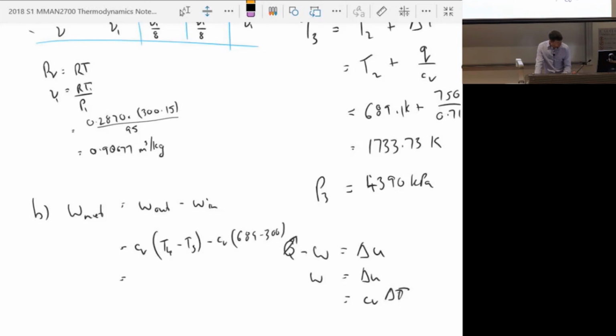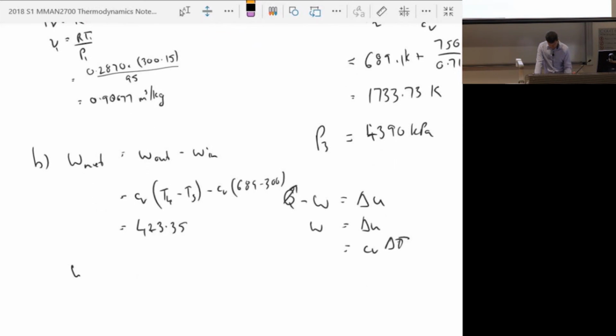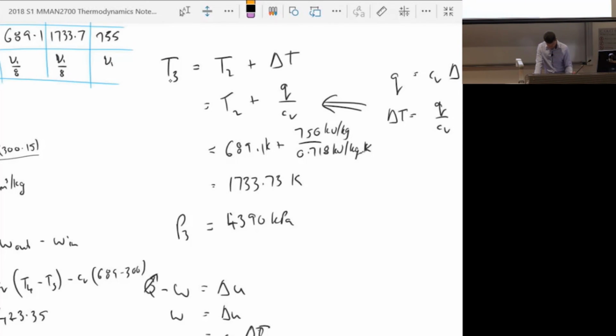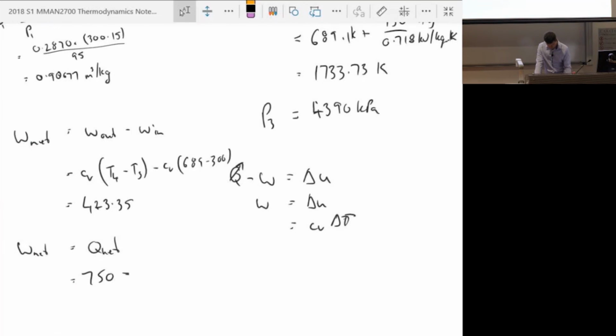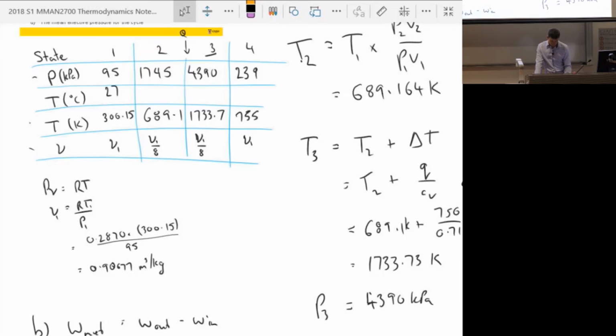Substitute those values in and you'll get the work being 423.35. Interestingly, a different way that we could have done work is to say that net work must be equal to Q net, which is 750, because 750 was our Q in, minus the heat rejection from process step 4 to process step 1.